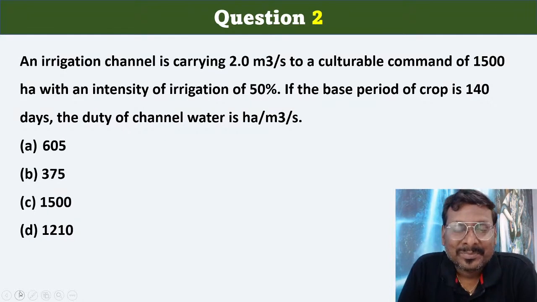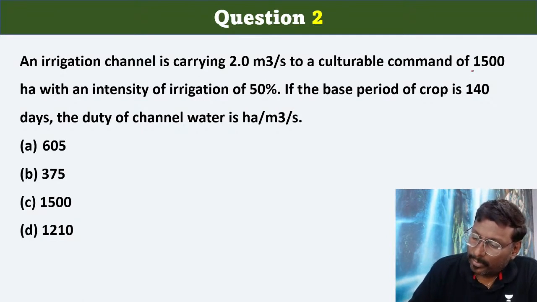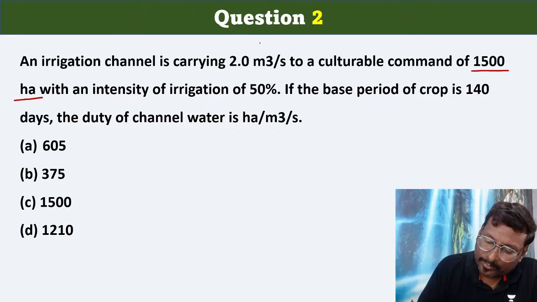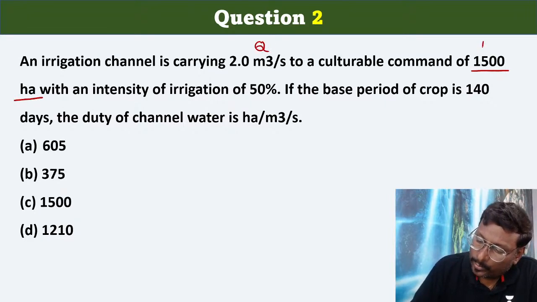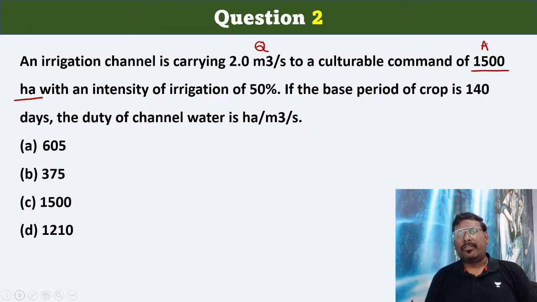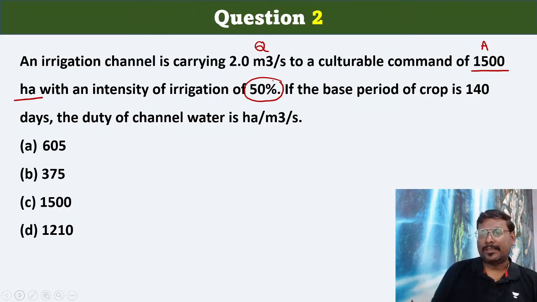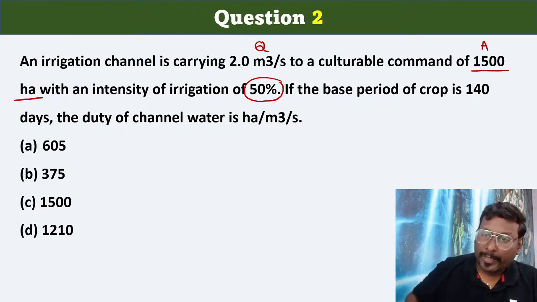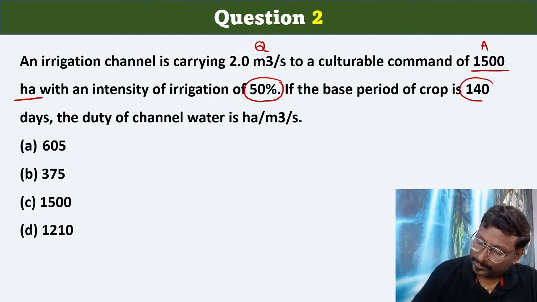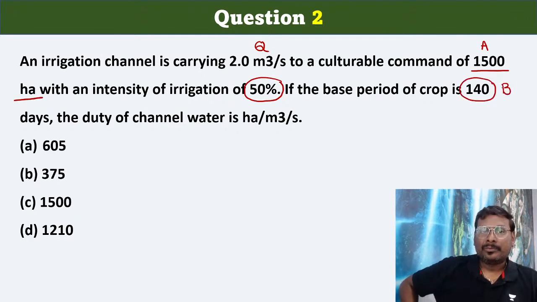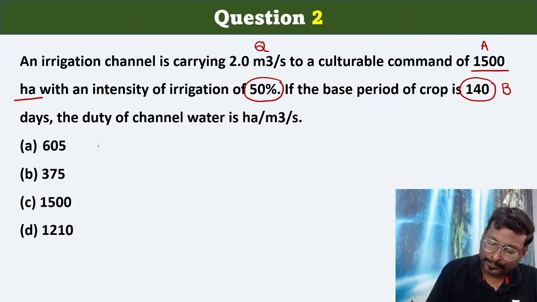Wow, a question came. An irrigation channel carrying 2 meter cube per second to a cultivable command area of 1500 hectares: discharge 2 meter cube per second, area 1500, intensity 50%. If the base period of the crop is 140 days, what is the duty of the channel?